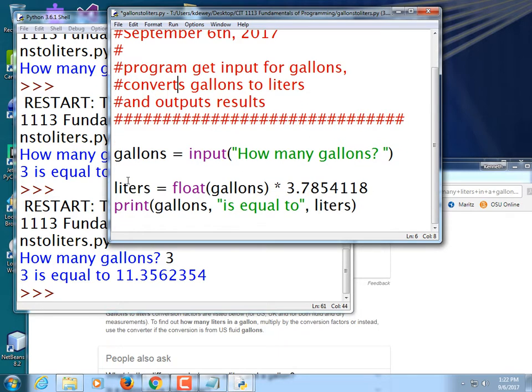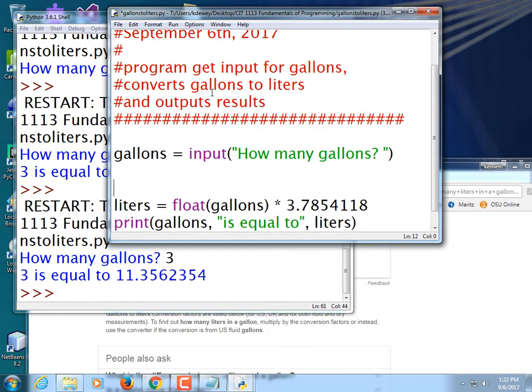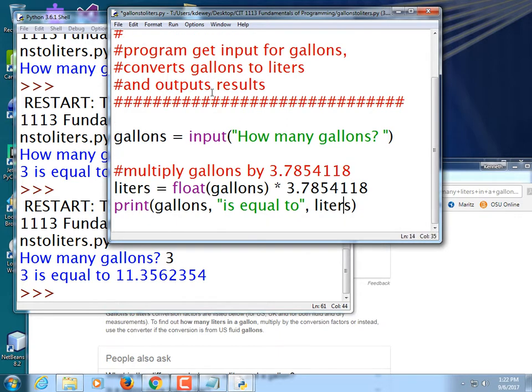Okay. Now, a lot of times I like to see code inside of it. This would be like multiply gallons by 3.7854118. Obviously, I know what that statement does. But think of it this way.